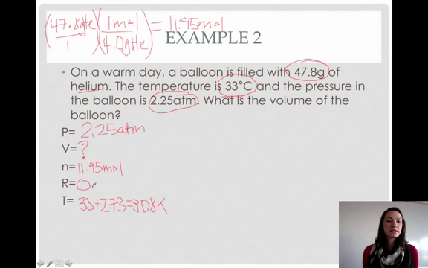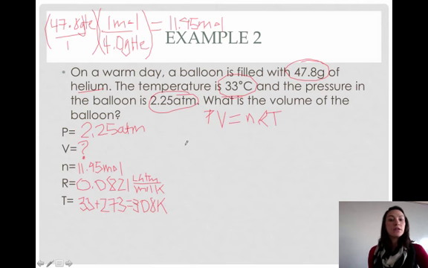R is always 0.0821 liter atmospheres per mole Kelvin. All right, so now I'm going to start with my ideal gas law. PV equals nRT.